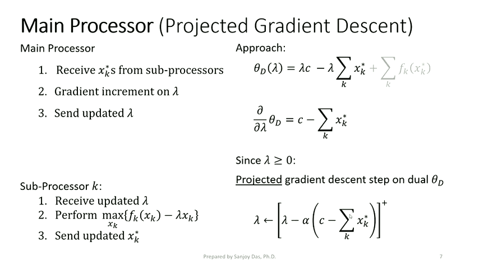Okay, so this is how we will do the increment. We take a step along the negative gradient. This is the gradient, and alpha is our gradient step size. We should get this using just gradient descent, right? Lambda equals lambda minus alpha times the derivative of this.